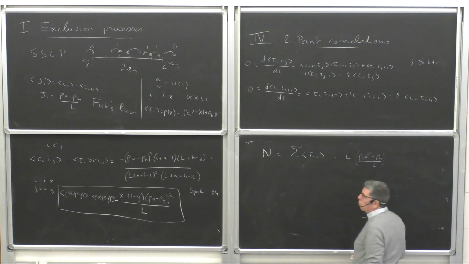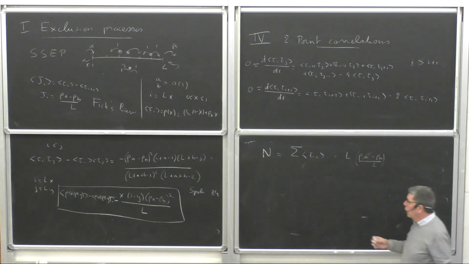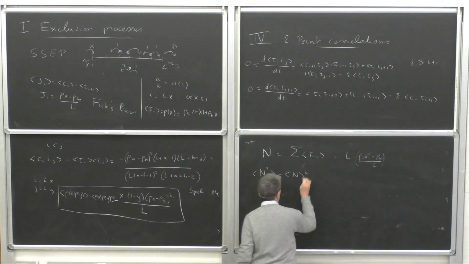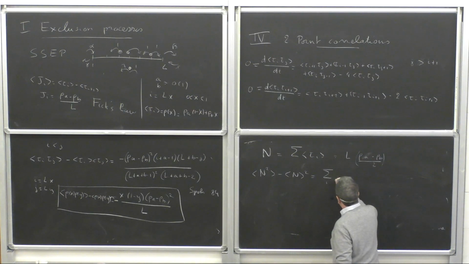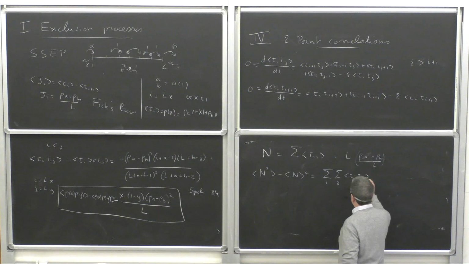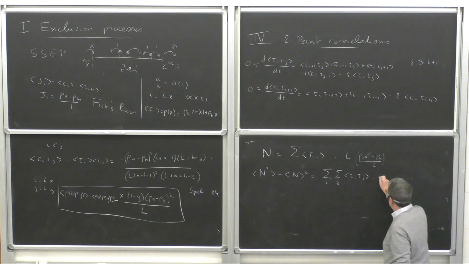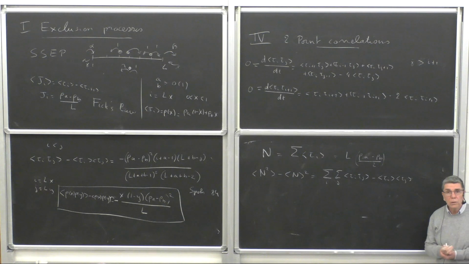Now, if I am interested just in the fluctuation of the number of particles, this would be the sum over I, sum over J of tau I, tau J, minus tau I, tau J. This is just the variance of the thing.